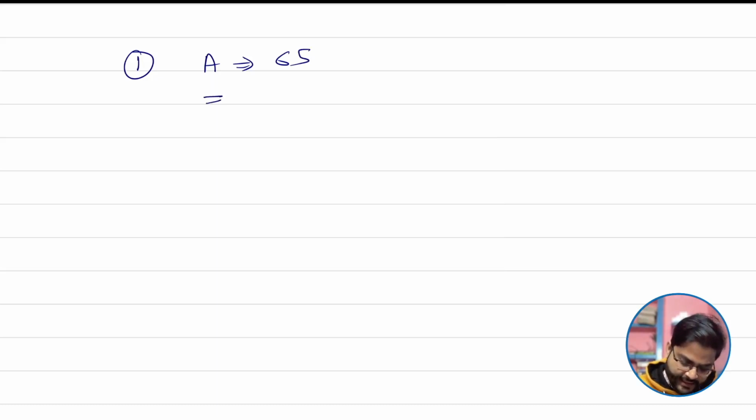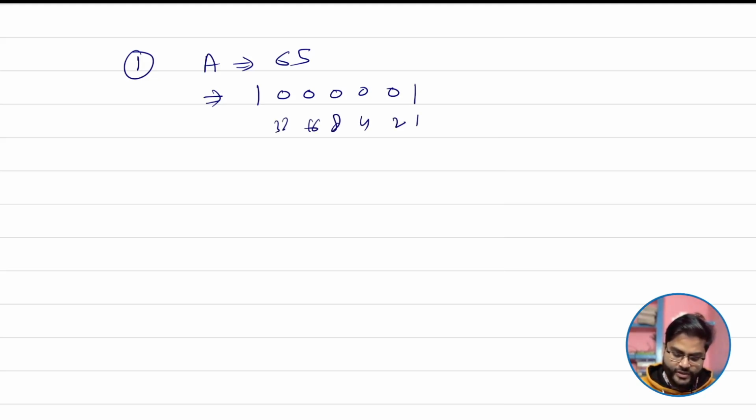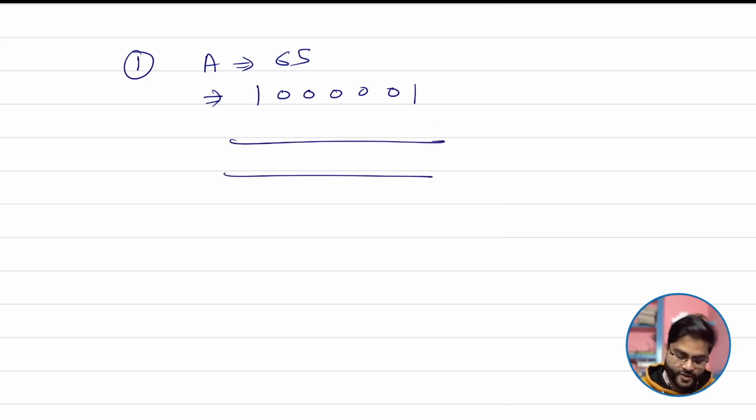If I write it here, this is 64, 32, 16, 8, 4, 2, 1. That's how I usually write 1, 2, 4, 8, 16, 32, 64, like this. I hope you know it. Now I want to convert it to lowercase, which means that I want to add 32 to it.